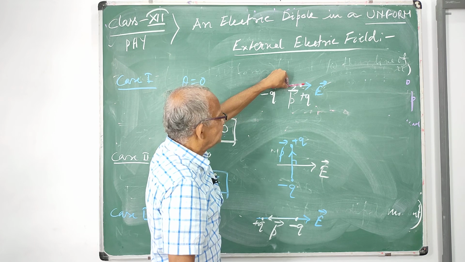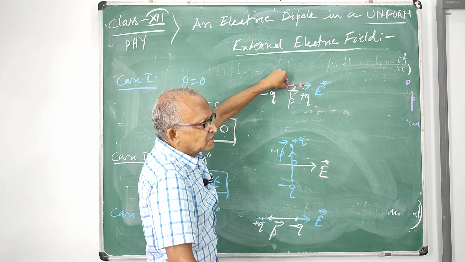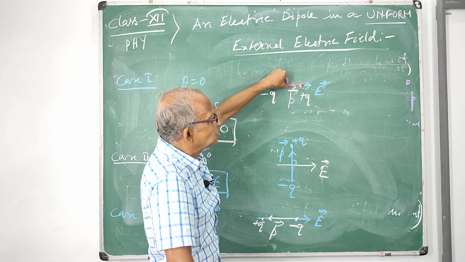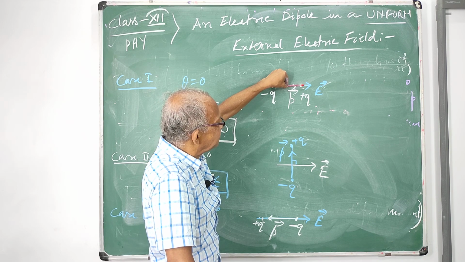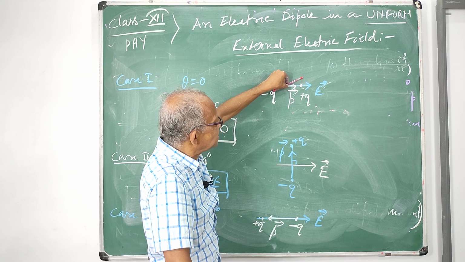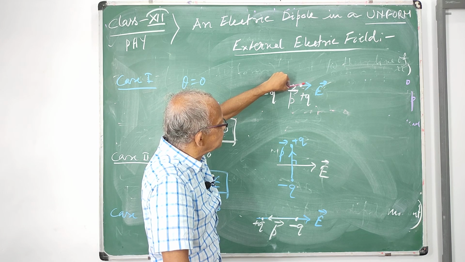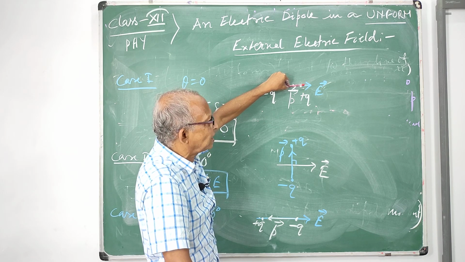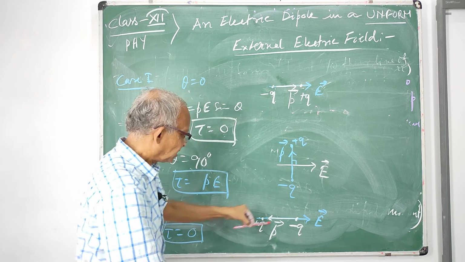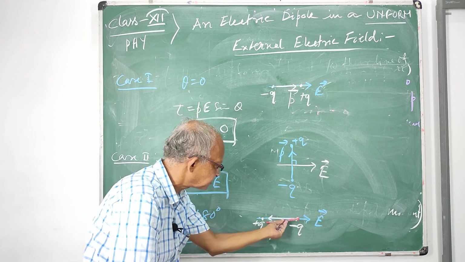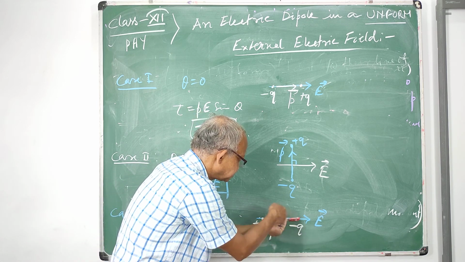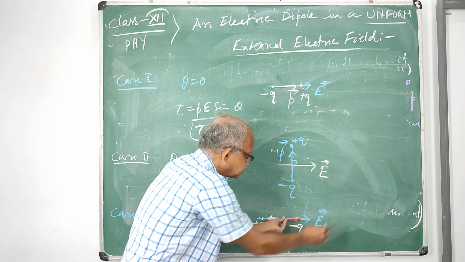If this dipole is rotated a bit from its alignment with the direction of E and I leave it, then after oscillation it tries to align again. Here is minus, here is plus, and this is the electric field.